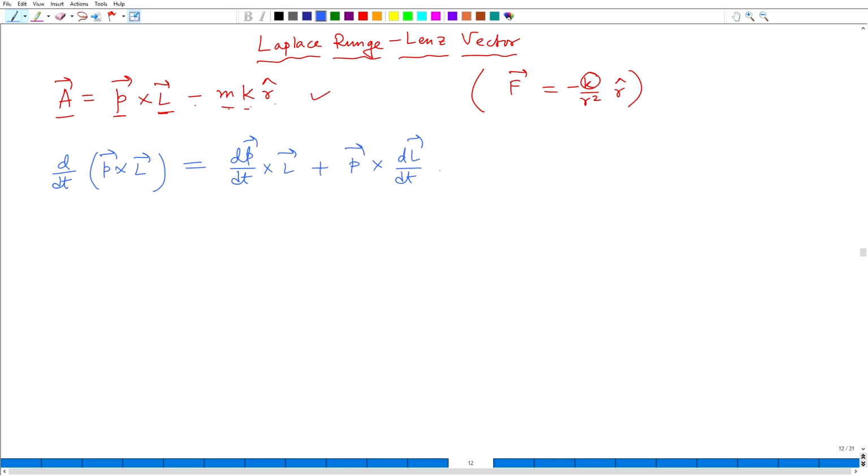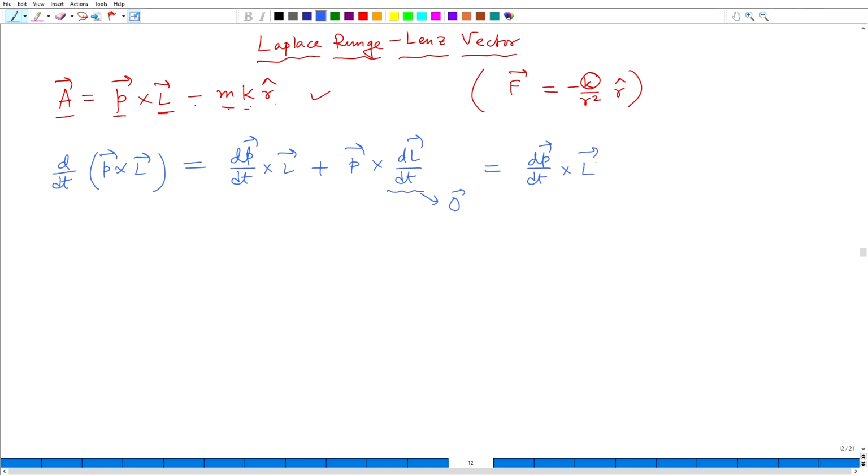Remember, when we take d/dt of cross products, the order of the vectors should not be changed. Now, dL/dt we already know is equal to 0 for any central force, and we will simply have this equal to dp/dt cross L.